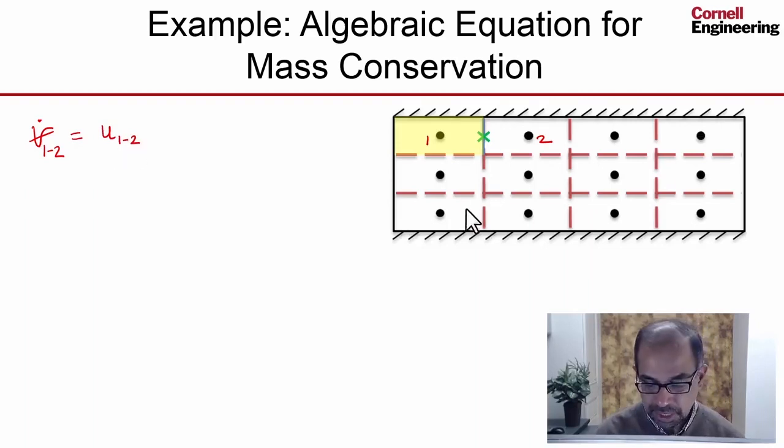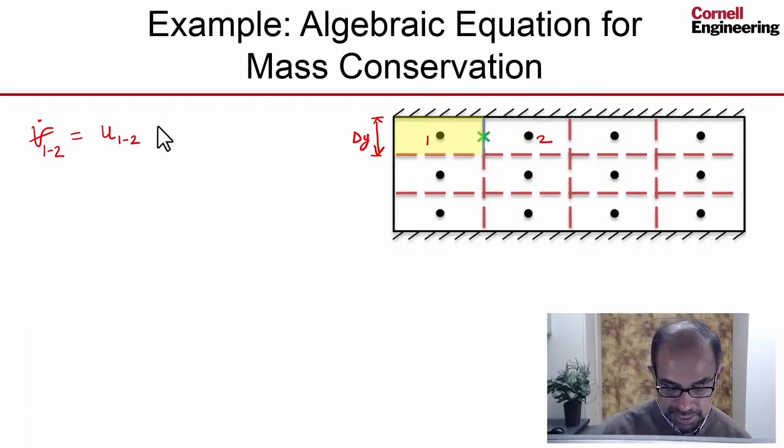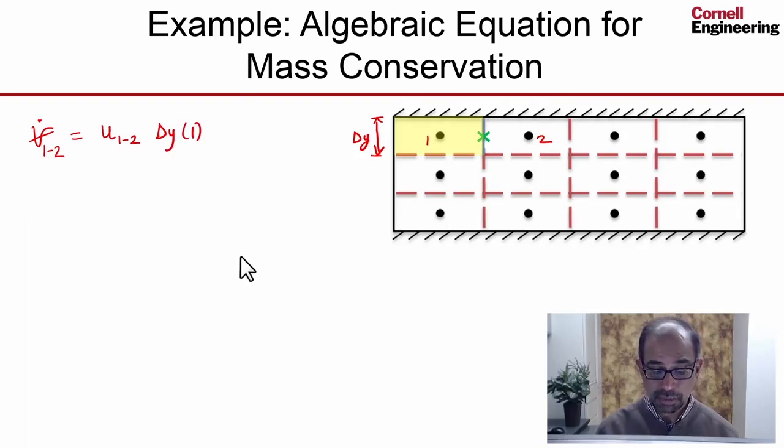And velocity times the area of the face will give us the volume flow rate. Let's say this distance is delta y. That's called a mesh spacing. This means that the area of the right face is going to be delta y times 1, and that is the dimension in the direction perpendicular to the screen. This term will be common to all the terms and will drop out, so we can assume 1 without loss of generality.